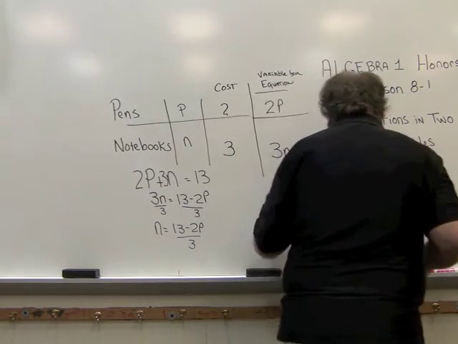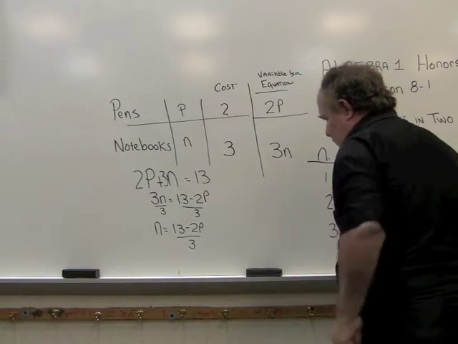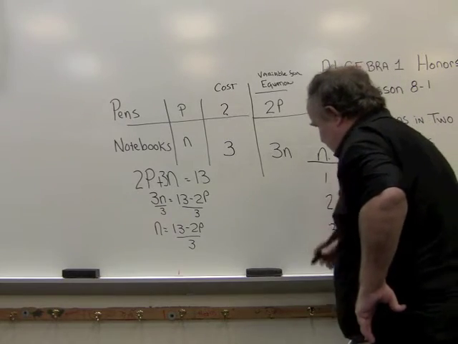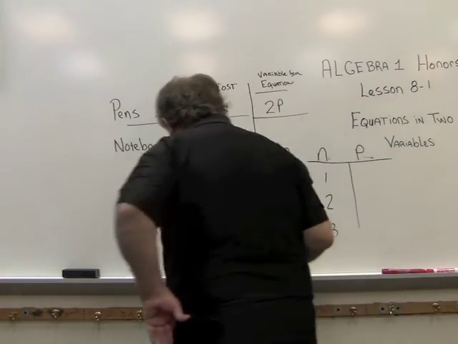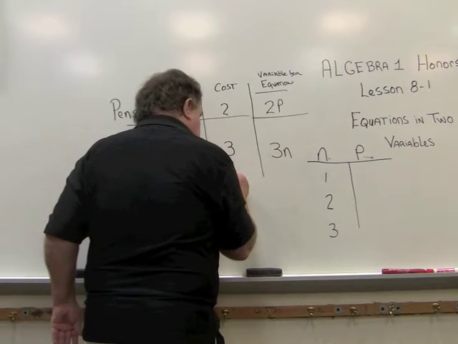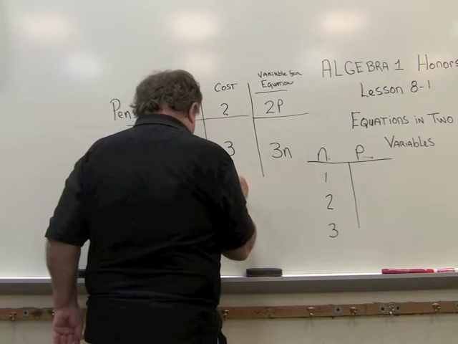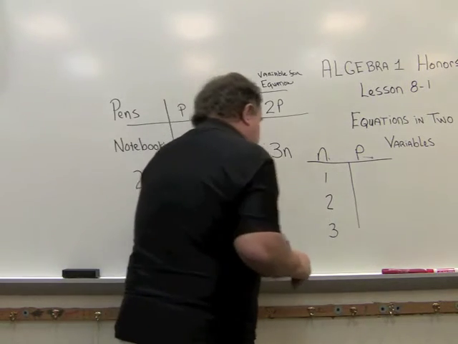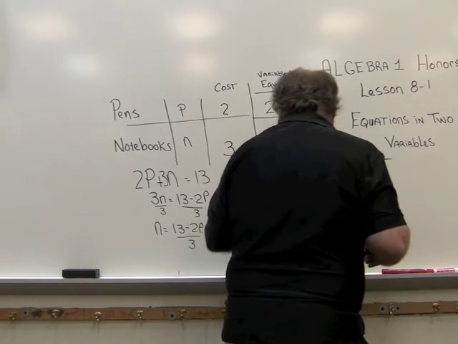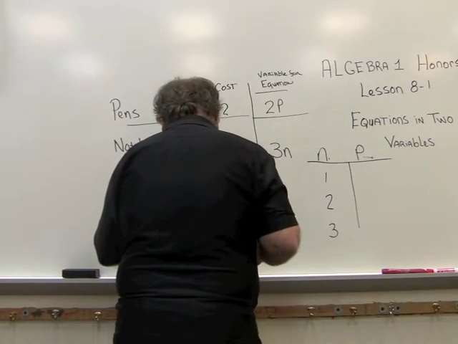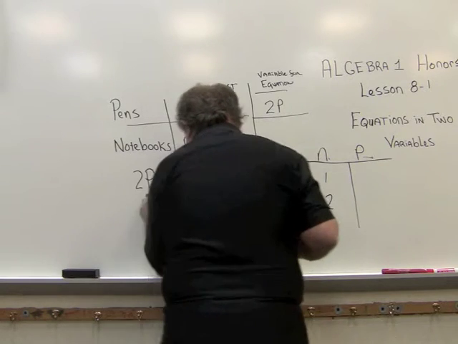We're going to say, what if n is 1? What if n is 2? What if n is 3? Let's look at it. If n is 1, oh, I did a bad one. Let's flip it around a little bit. Well, that's all right. Let me back up just a second.